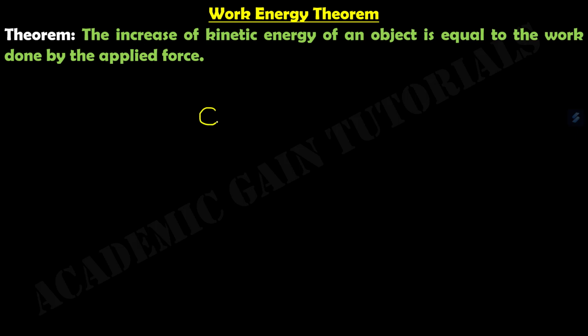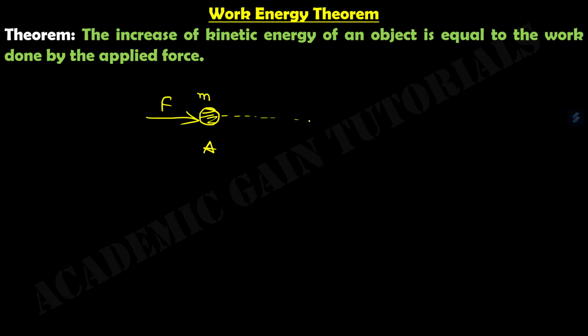So this is an object which is at point A, which has a mass of m, and we applied some force F on that object, and this object moves in that path.